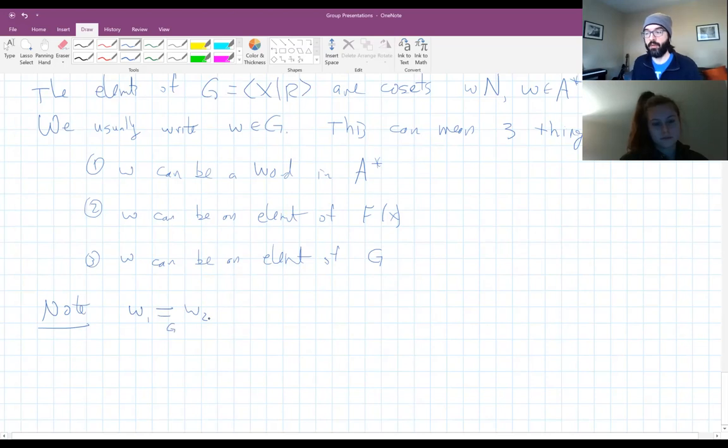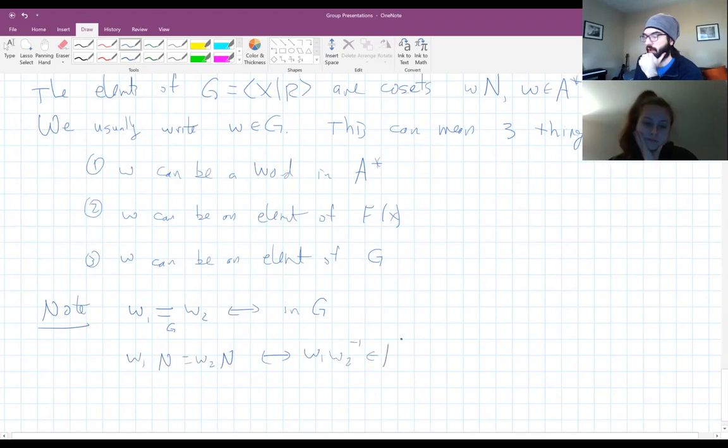We're talking about group elements in G. If I write w1N = w2N, I'm talking about things inside the normal subgroup.